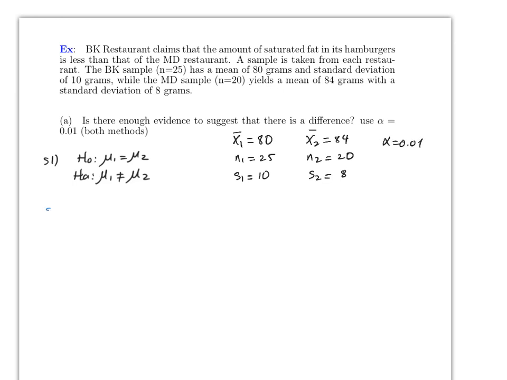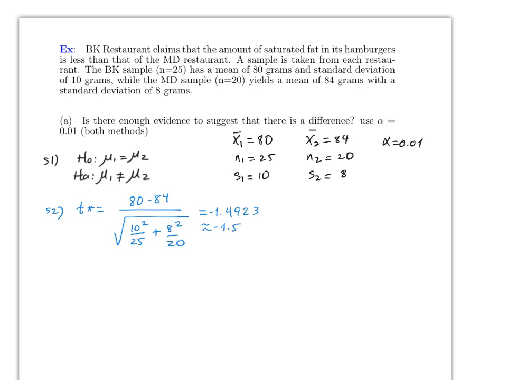All right, so for step 2, you need to find T star, which will be 80 minus 84 over the square root of 10 squared over 25 plus 8 squared over 20, which is around minus 1.4923. So let's say this is negative 1.5.